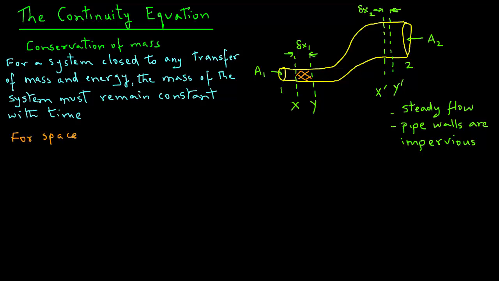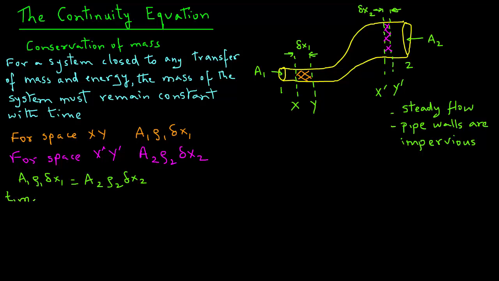Let's see how much fluid is there in space xy. Note that the cross-sectional area here is A1, the density of fluid, let's say, is rho 1, and this length we noted earlier was delta x1. So the amount of fluid that's present here is rho 1 A1 times delta x1, and the amount of fluid that is now in space x dash y dash is density rho 2 times the cross-sectional area A2, which is different than A1, times delta x2.